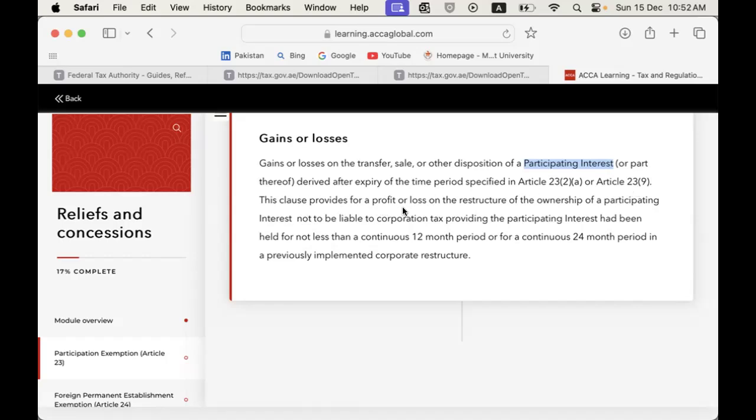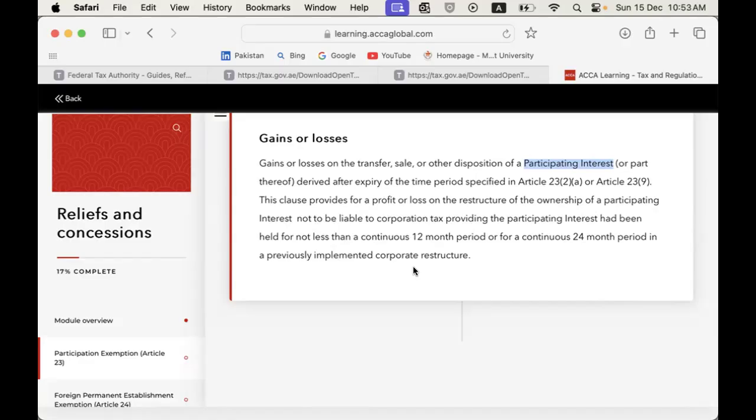This clause provides for a profit or loss on the restructure of a participating interest not to be liable to corporate tax, provided that the participating interest had been held for not less than a continuous 12-month period, or for a continuous 24-month period in a previously implemented corporate structure.